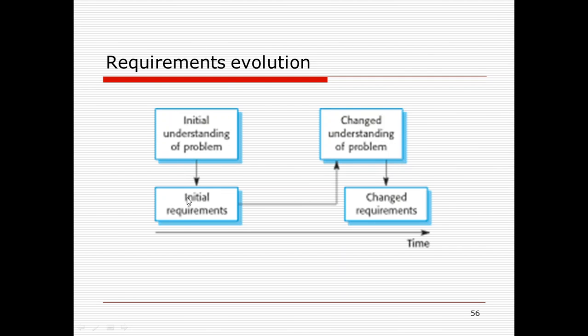The initial requirements which have been gathered will be the input to that activity, that is, the changed understanding of the problem, and obviously those initial requirements may have to be changed quite a bit to get the changed requirements. So this process evolves over time. From the initial understanding of the problem, whatever requirements have been gathered are taken as input to the changed understanding of the problem, and the final set of requirements can be identified as the changed requirements. So this is the process of evolution.